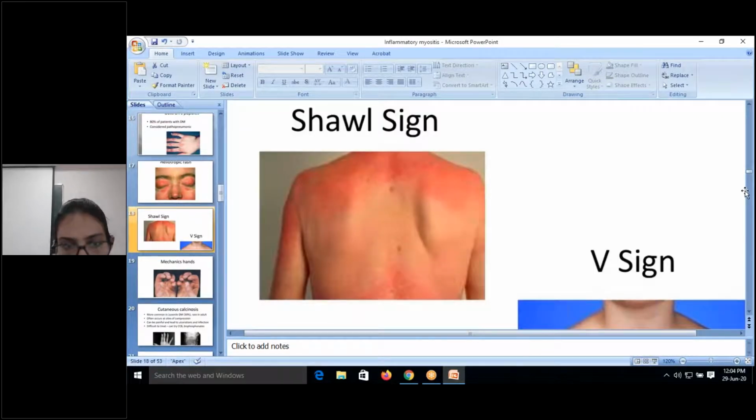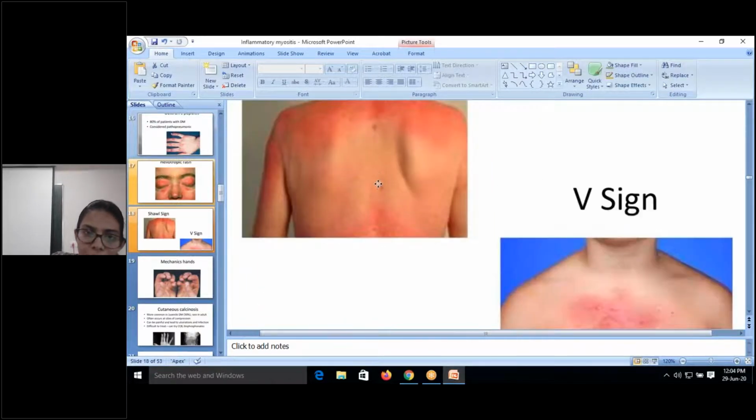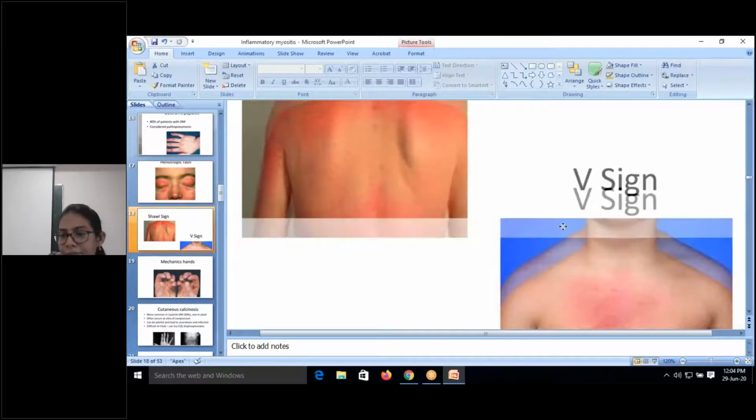Then this picture is the shawl sign. See, there is inflammation around the shoulders, front and back. This is like a shawl. Whenever you wear a shawl, the areas where you are covered, that is red in color, or inflammatory. So you call it the shawl sign.